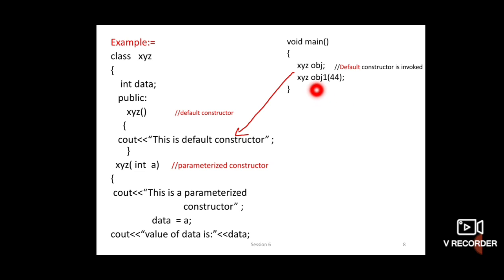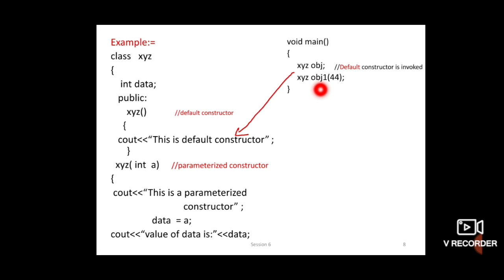Next is XYZ obj1. A second object is created. Two constructors are declared in the XYZ class, but the second constructor takes one variable of integer data type, so here one actual value is passed. If two variables are declared, then two values are passed. Here the actual value is 44.